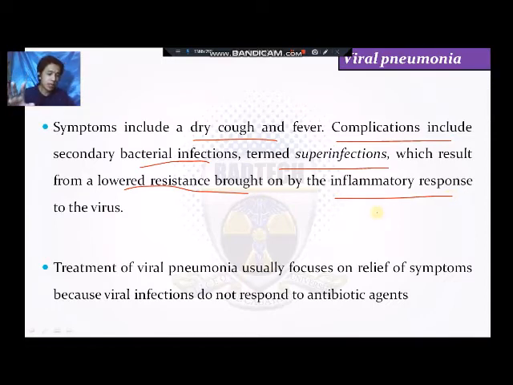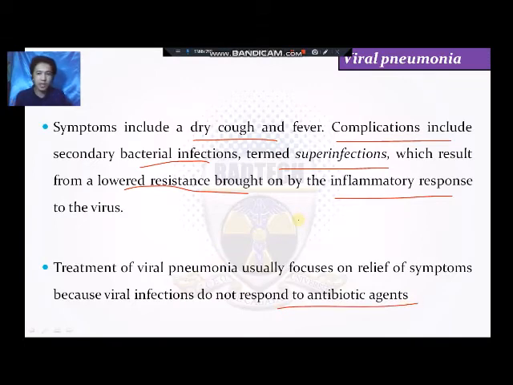So, if a person's immunity is low, the viral pneumonia will spread faster. It is similar to COVID-19: if a person's resistance is lowered, they can be affected by the virus more easily. Okay, so treatment of viral pneumonia is usually focused on relief of symptoms because viral infections do not respond to antibiotic agents.